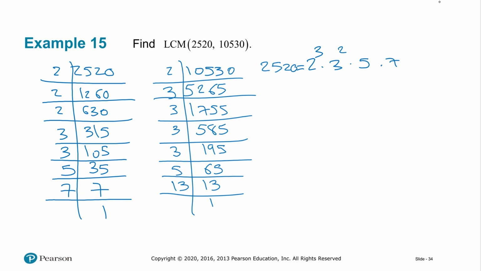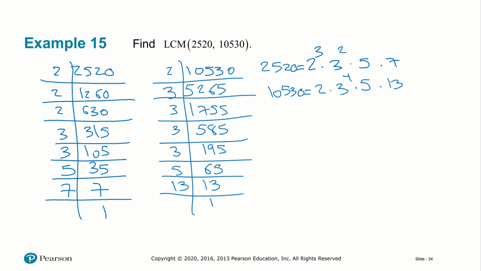Now, 10,530 we have discovered is 2 times 3 to the power of 1, 2, 3, 4. So 2 times 3 to the 4 times 5 times 13.